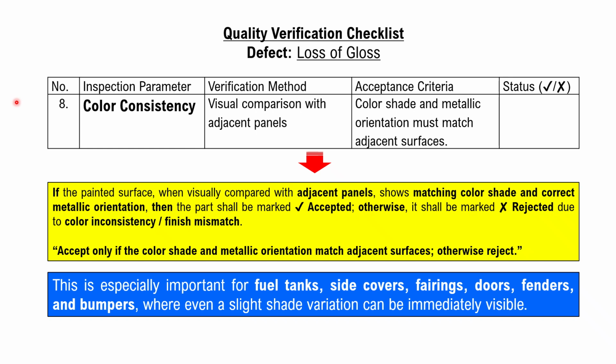Coming to the eighth inspection parameter, and that is color consistency. The verification method is visual comparison with the adjacent panel, meaning if the painted surface, when visually compared with the adjacent panel, shows matching color shades and correct metallic orientation, then the part shall be marked as accepted.